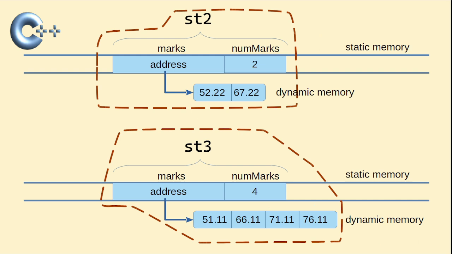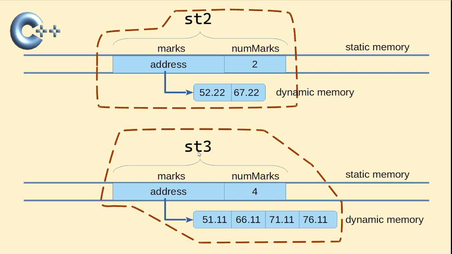When the st2 object is created, it has a marks attribute and a number of marks attribute, and marks is pointing to a dynamic memory space containing two marks values, 52.22 and 67.22, and number of marks carries value 2.